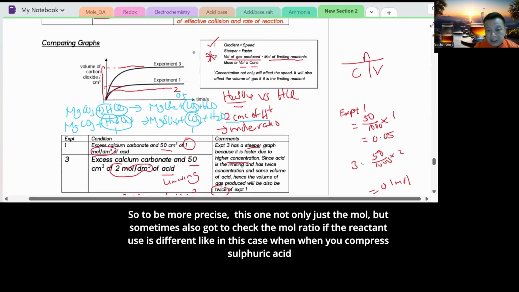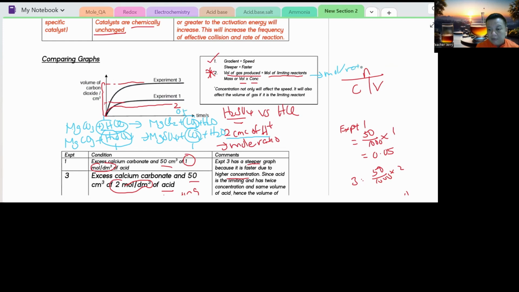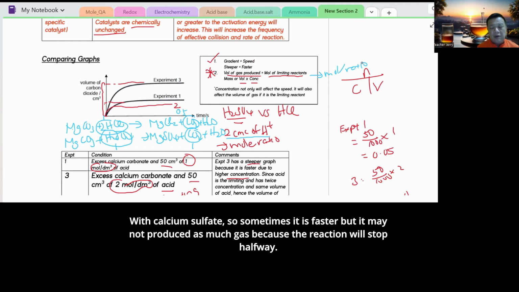So to be more precise, sometimes we have to check not only the mole, but also the mole ratio if the reactants used are different, like in this case when you compare sulfuric acid and hydrochloric acid. And sometimes sulfuric acid also forms insoluble salts, like calcium sulfate.